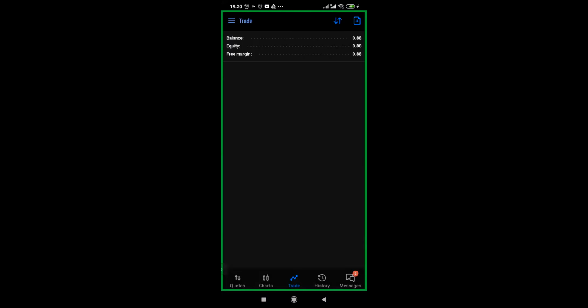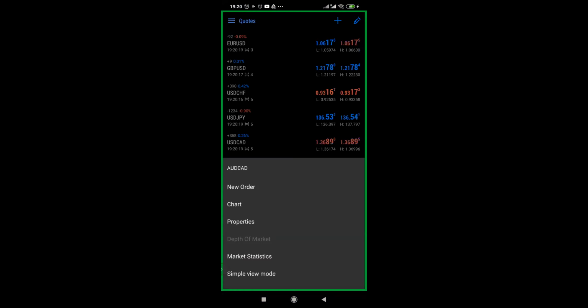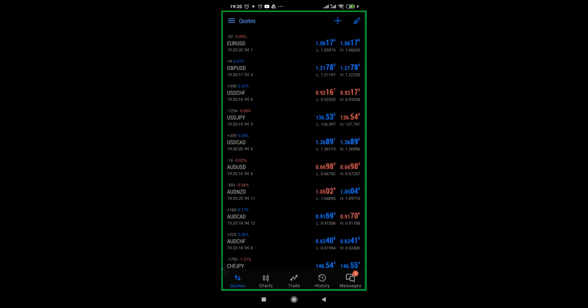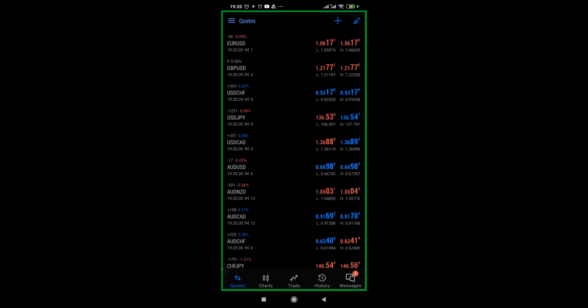Once you are logged in, you will see the quote option at the bottom. The quote will give you all of the currency pairs available. If there's a particular pair that you cannot find here, there's a plus sign at the top right.